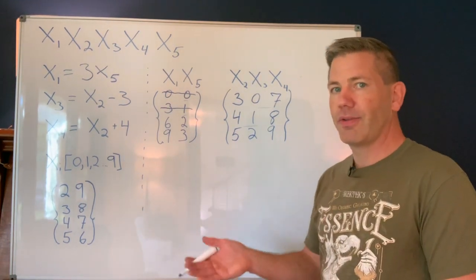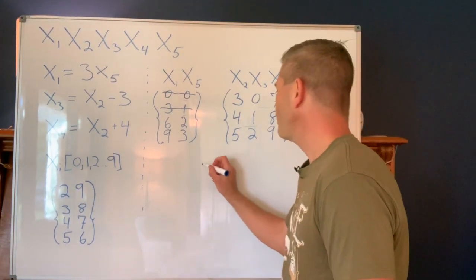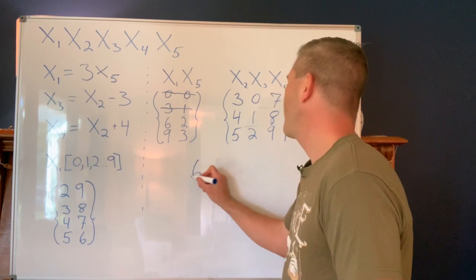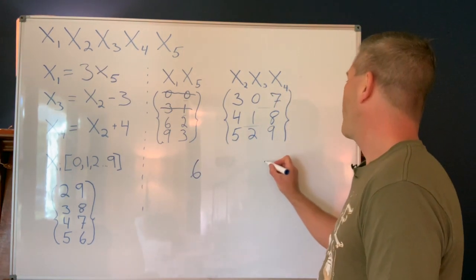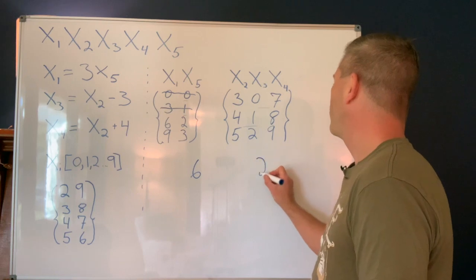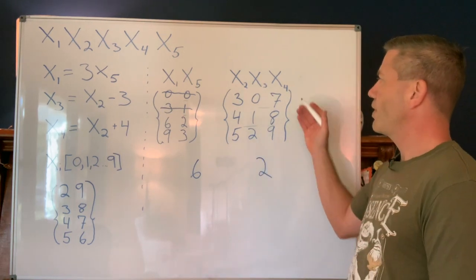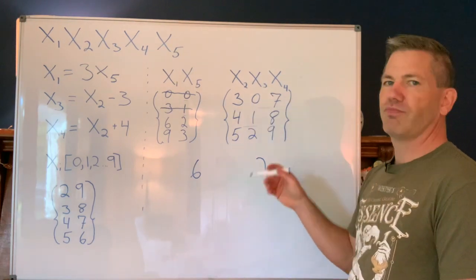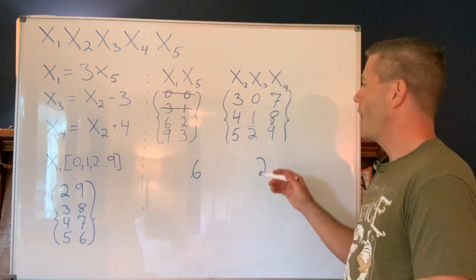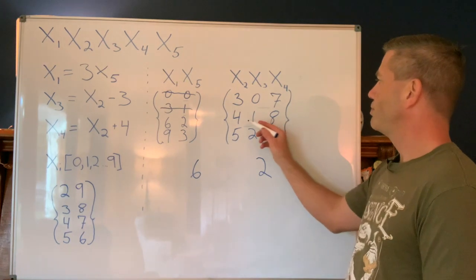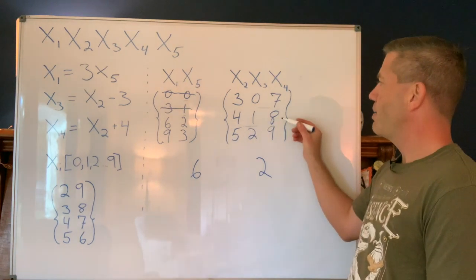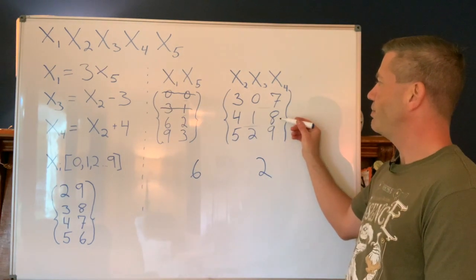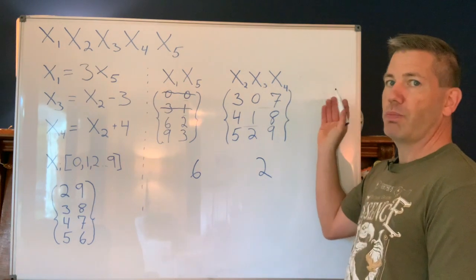Now let's try 6 and 2. So we have 6 and a 2. So looking here, do we get any pairs on this row? No. How about this row? So do we get any pairs of 11? Nope.